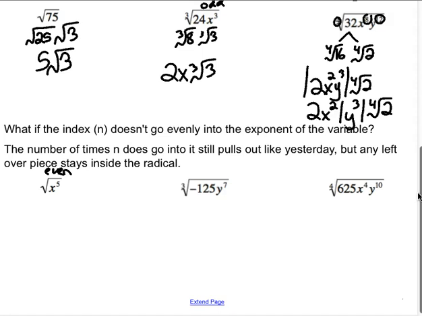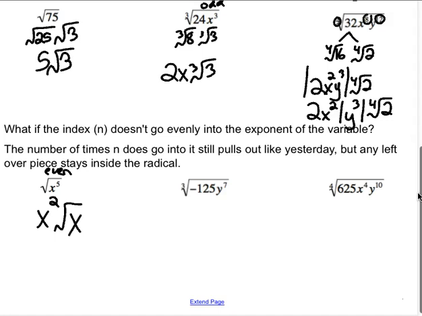Okay, so now I need to look to see how many times can 2 go into 5 without going over. Okay, and what ends up happening is 2 goes in there twice. 2 times 2 is 4. Now what that means is, how many more do I need? Well, 4 to get up to 5, it means I have 1 left over, 1 that I haven't used yet, and that is going to stay inside the radical.